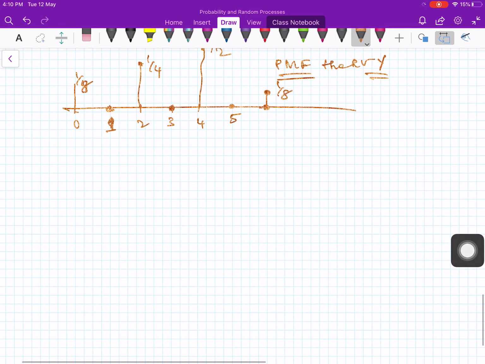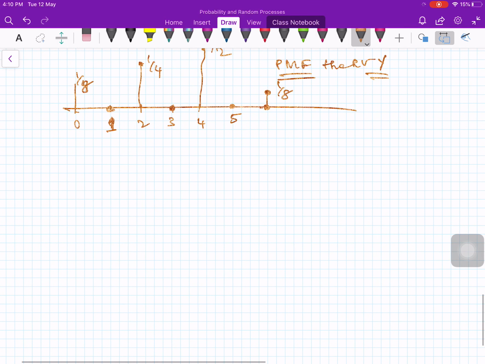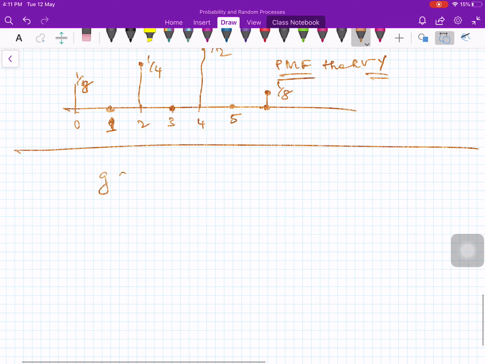Now let us take one more example for the same given probability mass function. Let's say your g of x equals x squared. So in this case, how do you carry out y equal to g of x, which is x squared?